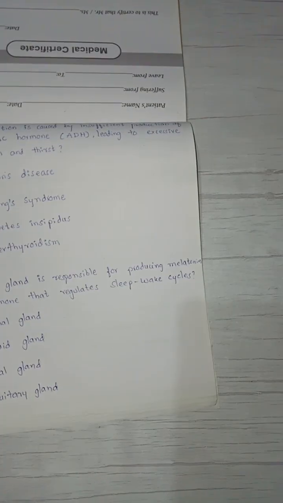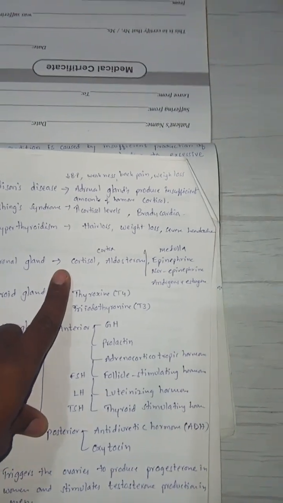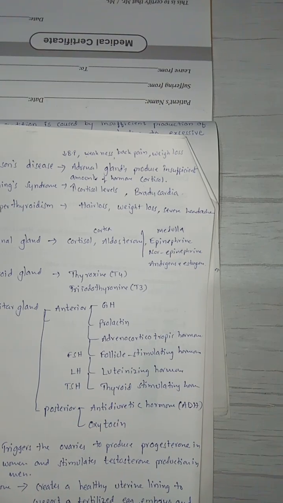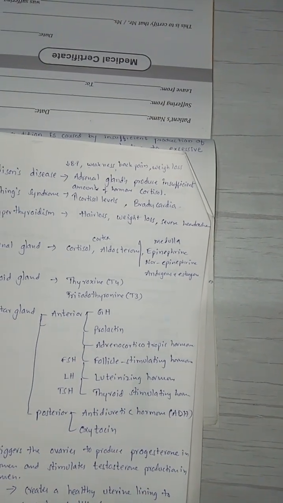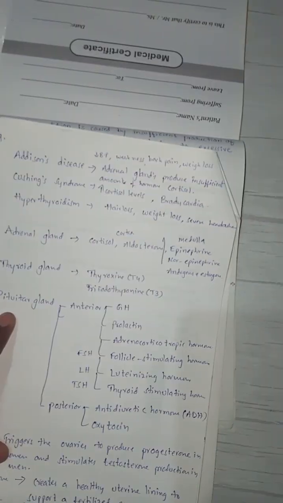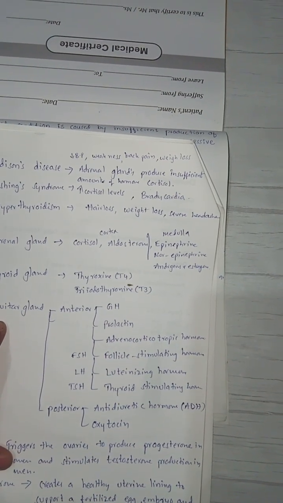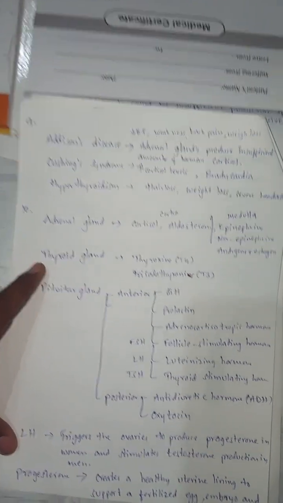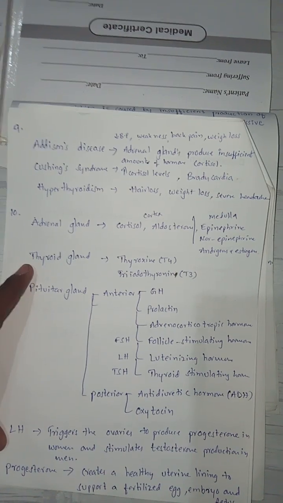Coming to the remaining glands, the adrenal gland produces cortisol, aldosterone, androgens, and estrogen. The adrenal medulla produces epinephrine and norepinephrine hormones. And coming to the thyroid gland, thyroxine T4 and triiodothyronine T3.